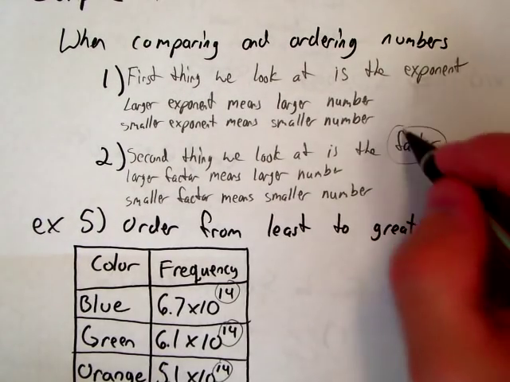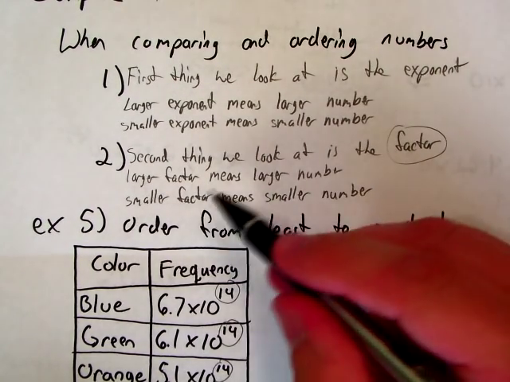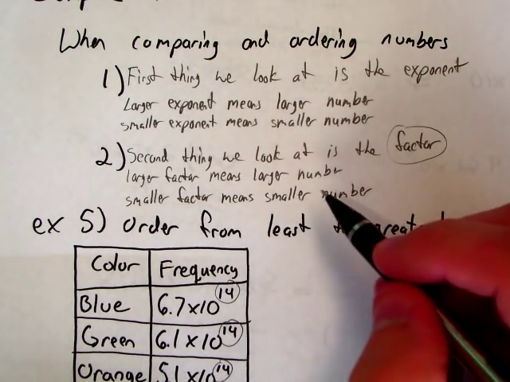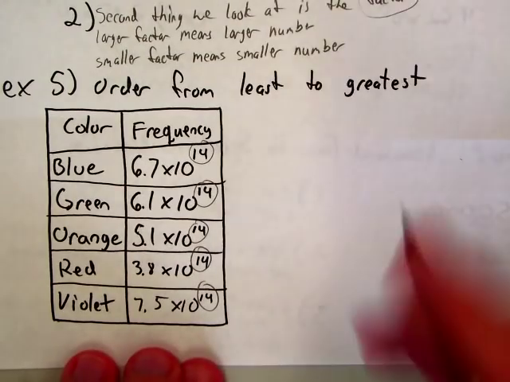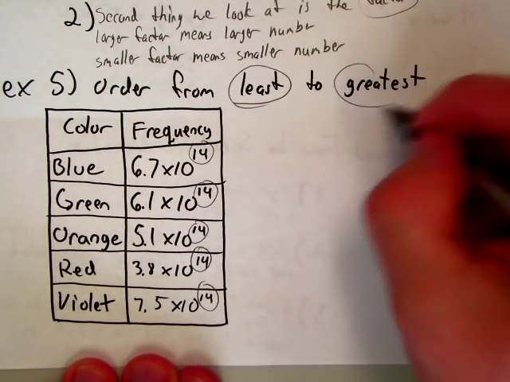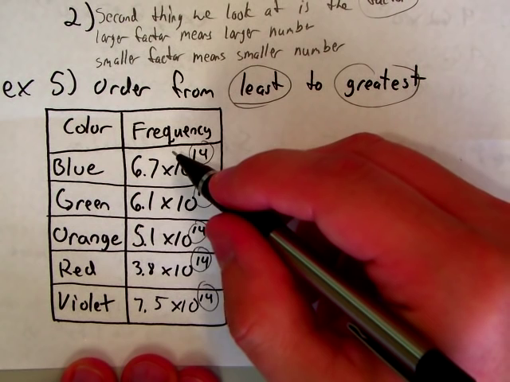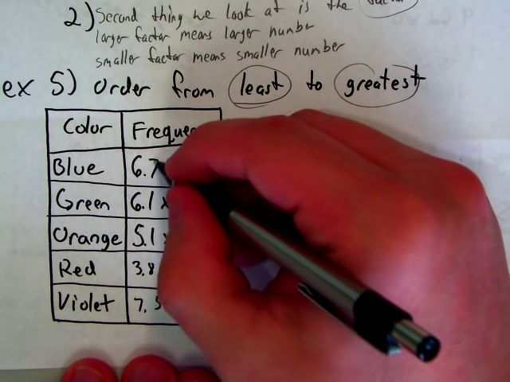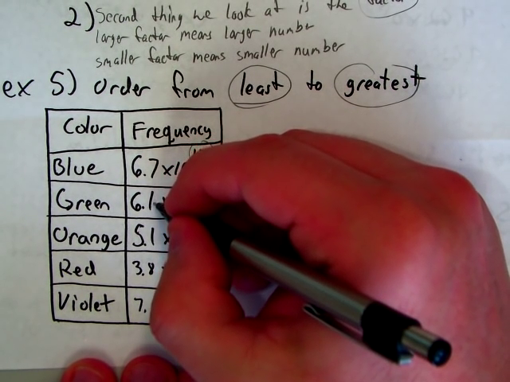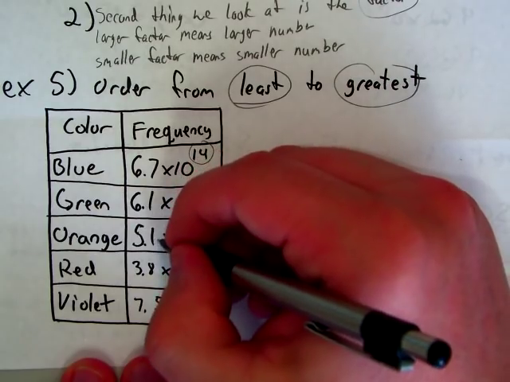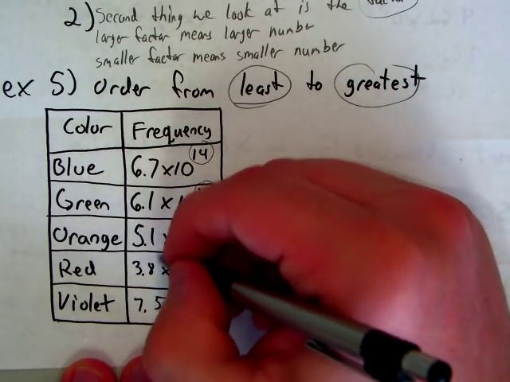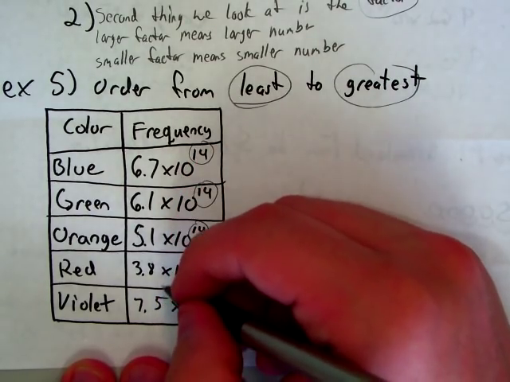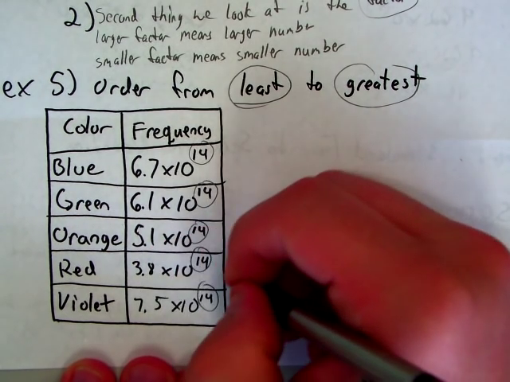So now we need to move on to the factor. Larger factor means larger, smaller factor means smaller number. So since we're going from least to greatest, I want to look at the smallest factor out front. So 6.7, 6.1, so 6.1 is smaller. 5.1 is smaller than that. 3.8 is smaller than that, but 7.5 is larger.